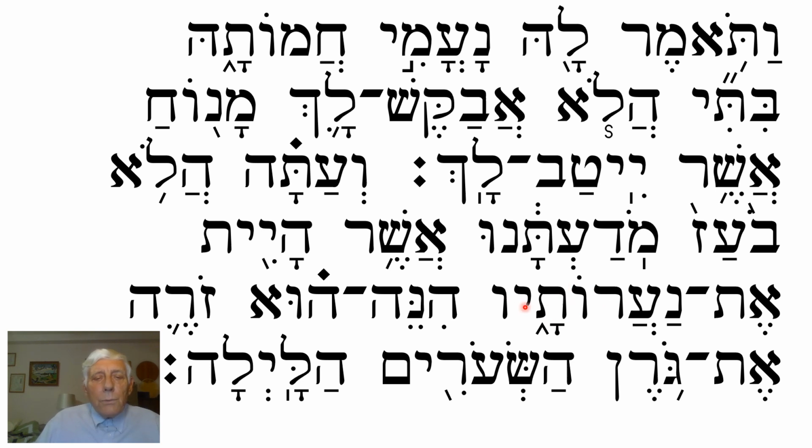Narotav, his female workers. Hine, hu, and he, hey, behold, look, see, he is Zore, he's separating grain and chaff out there on the threshing floor, and the grain this evening.